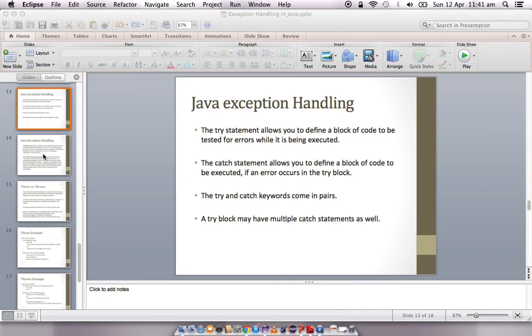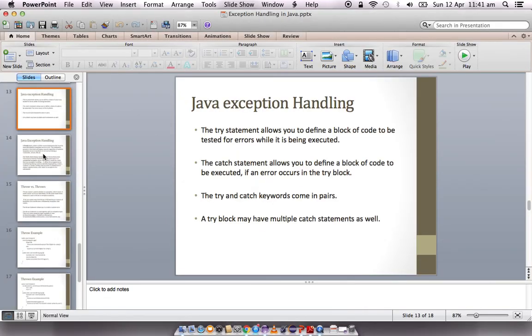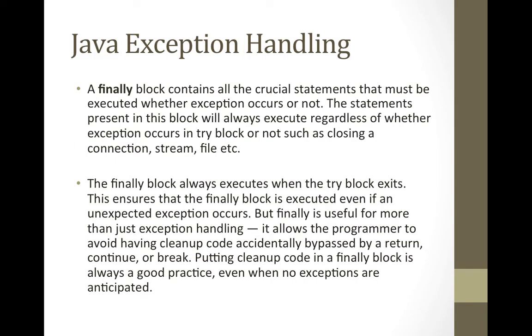Now let's just go through the rest of our slides here. We've learned about try, we've learned about catch. Now the third block that comes with exception handling is called finally.